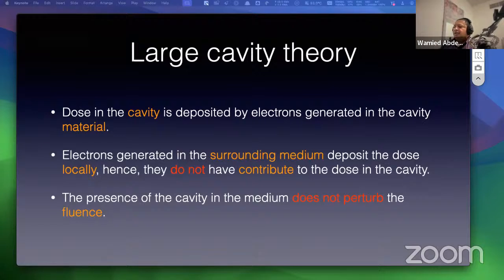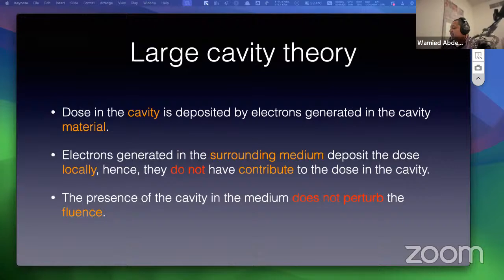So if a photon interacts outside of the cavity and transfers energy to an electron, the assumption is that the energy of this electron is very low, such that it will deposit its dose locally at the point of interaction. So the electrons generated in the surrounding medium deposit the dose locally. Hence, they do not contribute to the dose in the cavity.